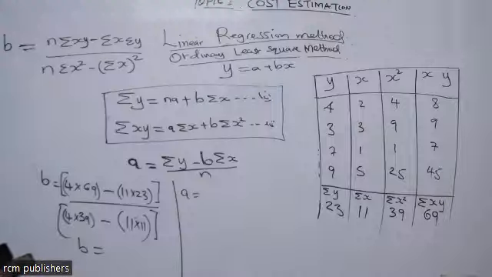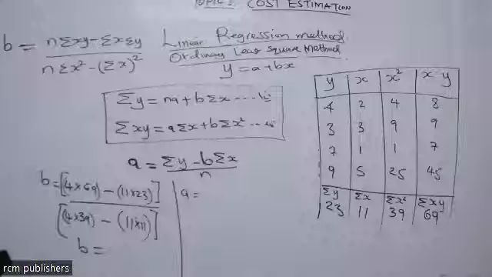The value of B. It is 0.66. Okay, so I'm told here it is 0.66.